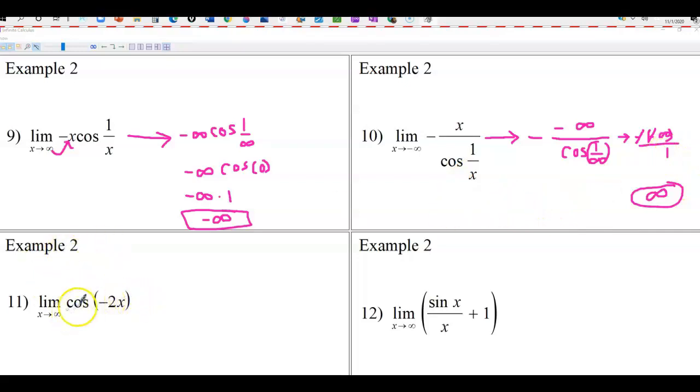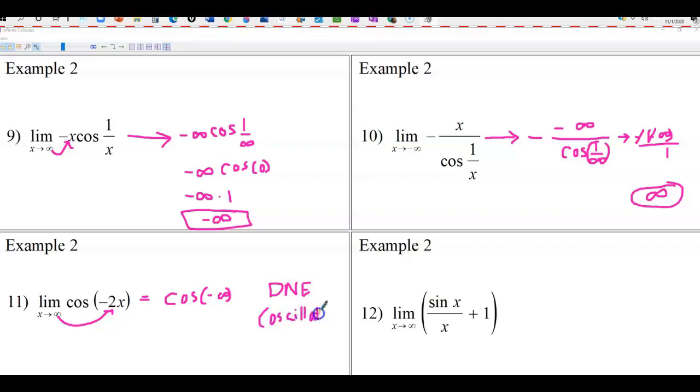As for this one here, if we do our direct substitution, we're going to get cosine of negative infinity. And we talked about this on the last slide. Anytime you're finding the limit of just a basic cosine function at infinity, it's undefined, it oscillates. So we're not gonna say infinity, we're gonna say it does not exist, and we're gonna say it oscillates.